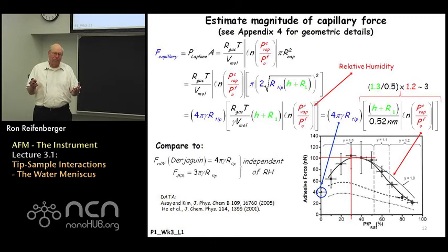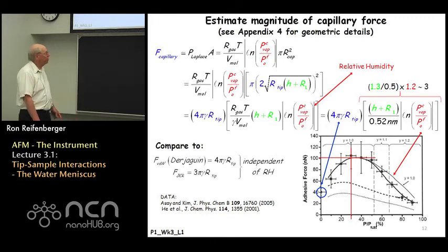So not surprisingly, there have been measurements made of this quantity. I show some representative data here. This data measures the adhesive force in nanonewtons as a function of the relative humidity. You can go to 0% relative humidity to get an estimate of 4 pi gamma r tip for this particular case.